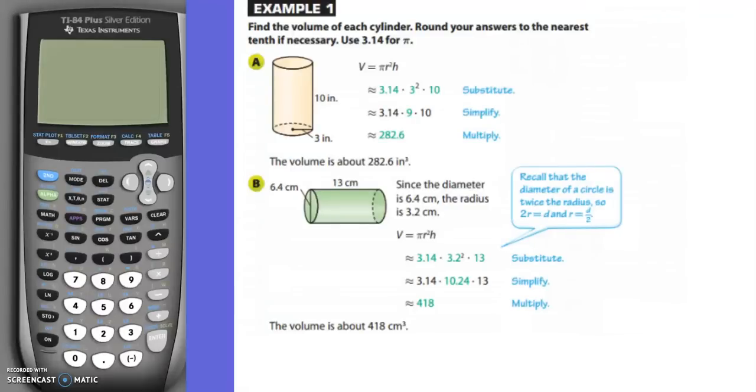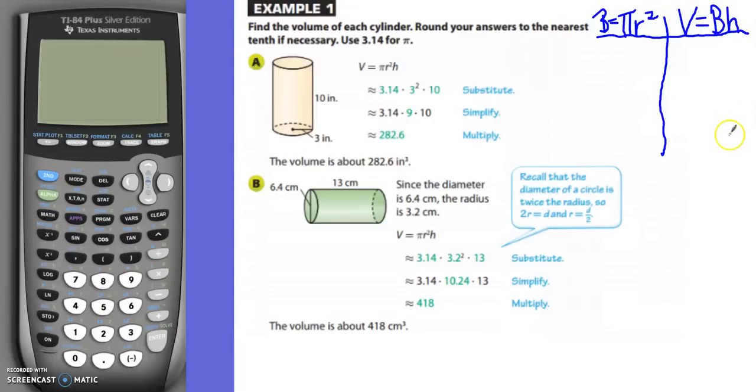On example 1, we're going to do the area of the base, which is big B, pi r squared, and the volume is the area of the base, big B, times height. So we are going to do pi times radius squared.